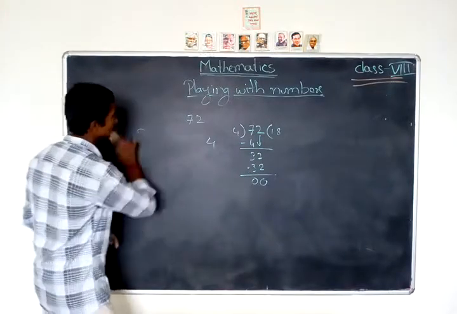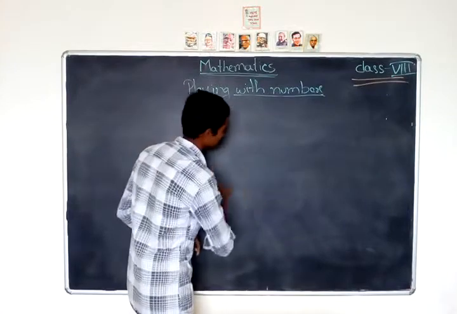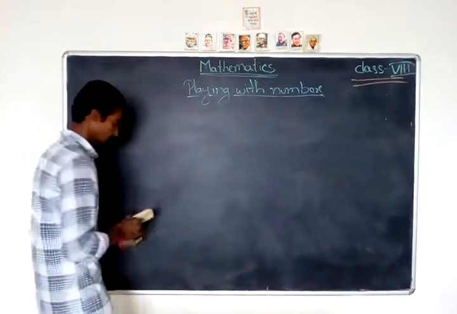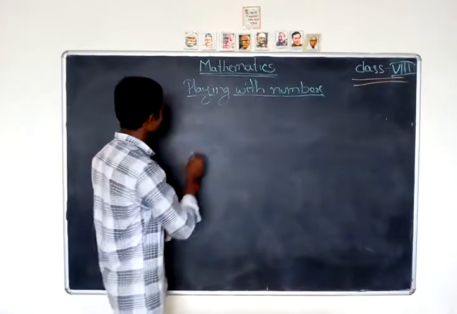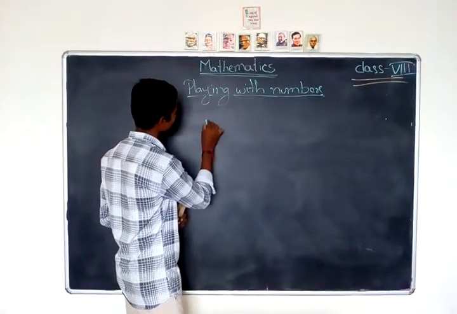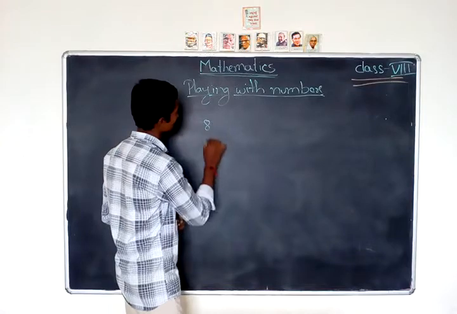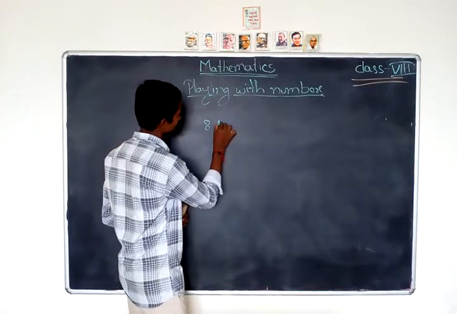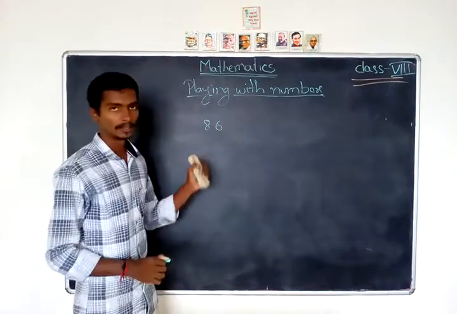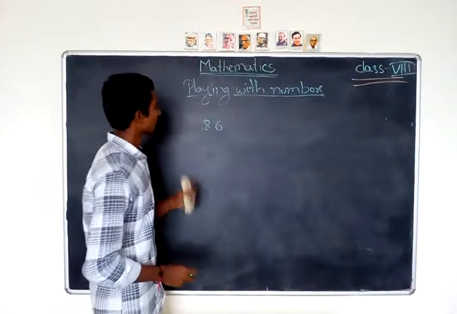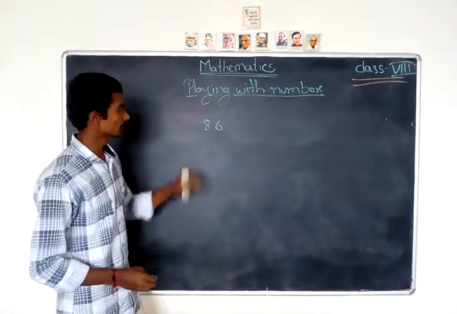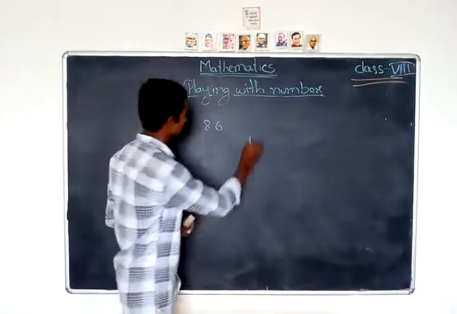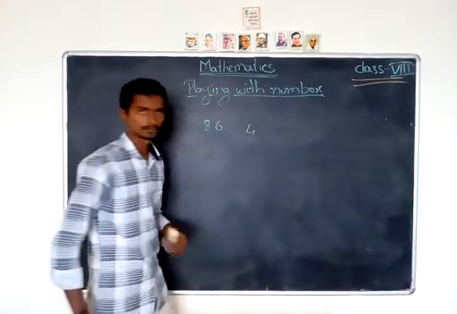Let me take an example. I can say that 86 is not divisible by 4.